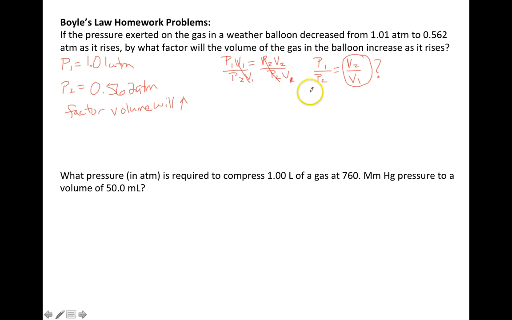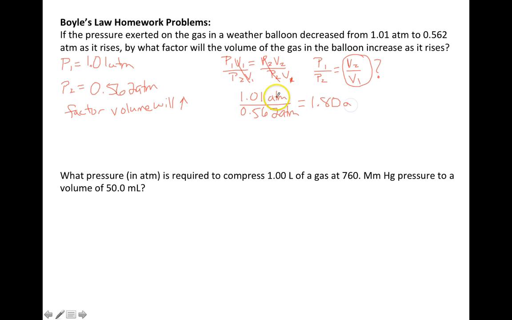What's that ratio? Well, I can do that by taking P1, which is 1.01 ATM, divided by the P2 value, which is 0.562 ATMs. When I divide those two numbers together, I get 1.80 when I round. When you do that in the calculator, it comes out with 1.79 something.